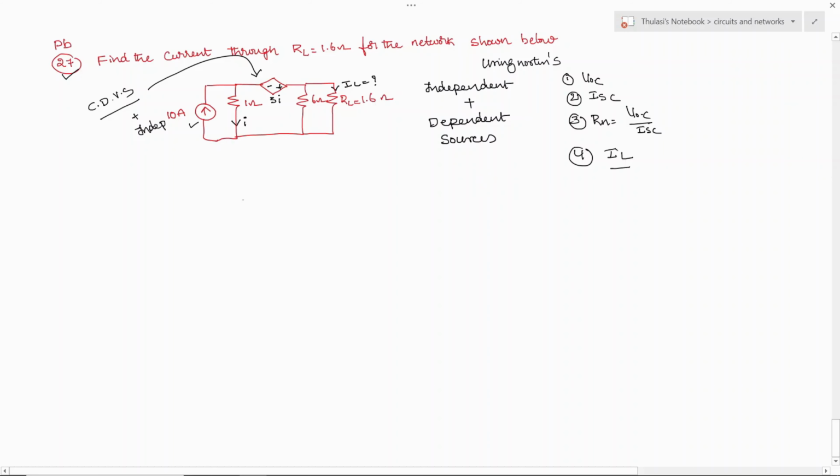Okay, so first let's try to find out VOC. So VOC is obtained, first remove the load. So this load resistor has to be removed. So I'm redrawing the network.